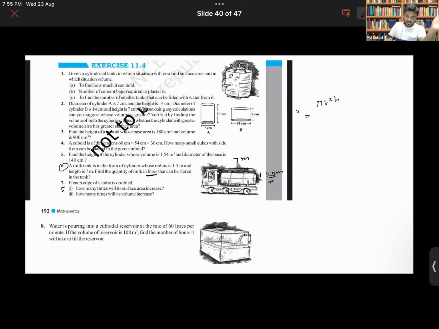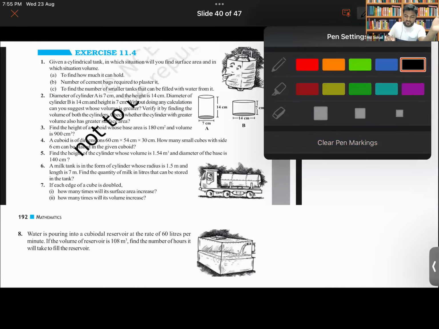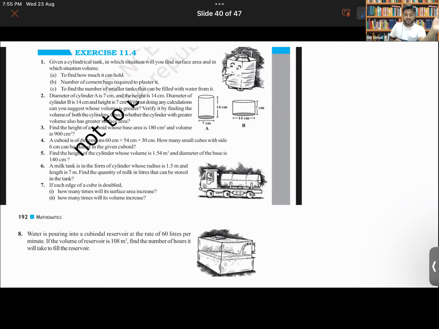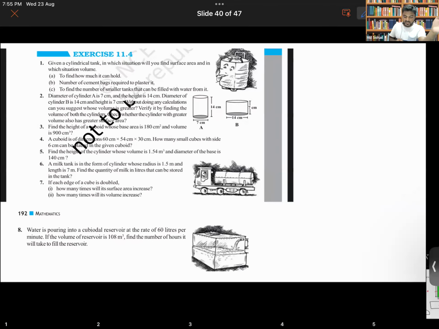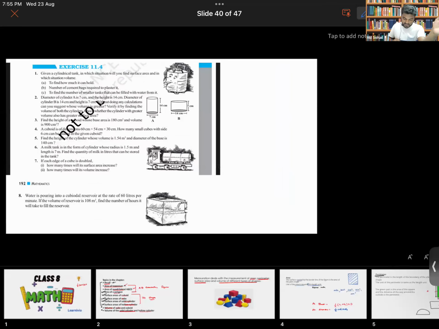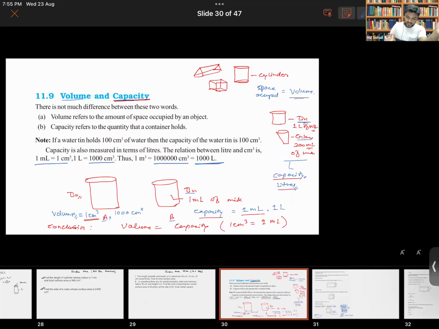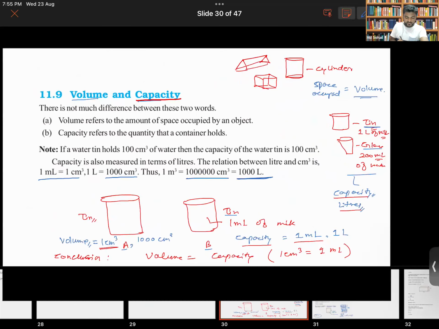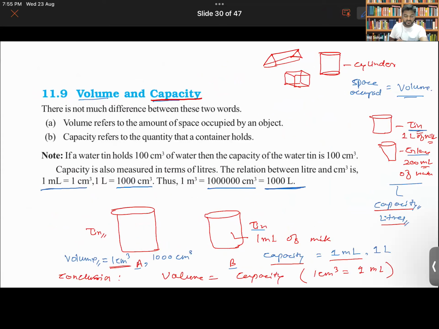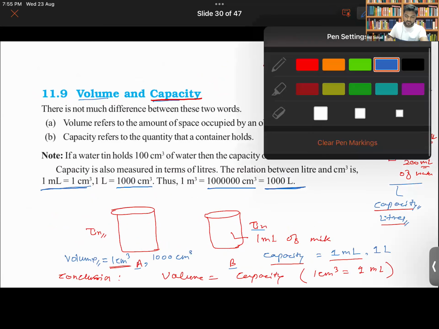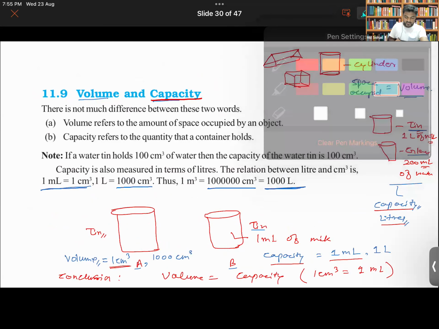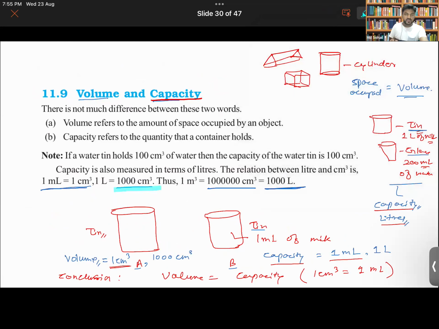Do you guys remember we talked about volume and capacity? In that, I told you how the units are converted. Pi r square multiplied by h is the formula. Here you see: 1 cubic centimeter equals 1 milliliter. Remember this. Then 1,000 cubic centimeter equals 1 liter. And 10 lakh cubic centimeter equals 1 meter cube.